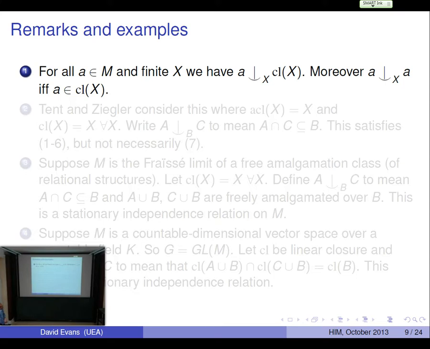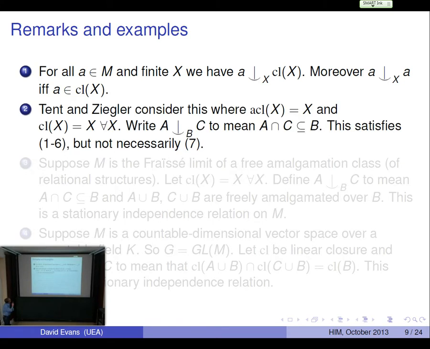And A should be independent from itself over X, well, that should really only happen if A is in the closure of X. So this notion appears in the paper of Tent and Ziegler, where algebraic closure is trivial, and the closure operation is then taken also to be the trivial closure operation.